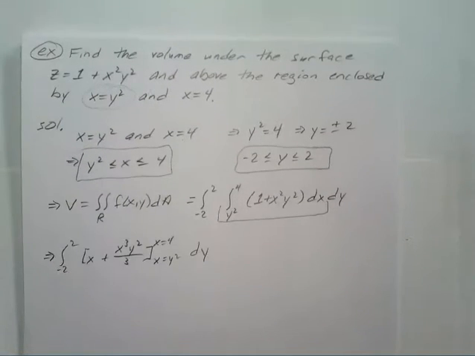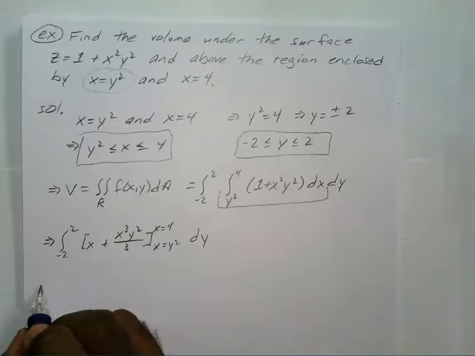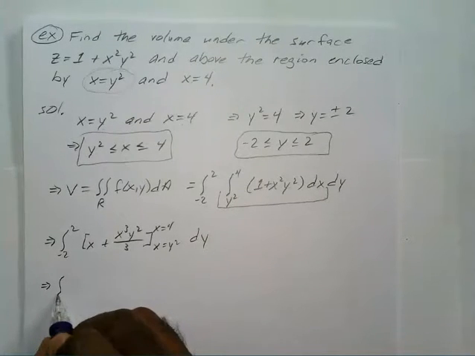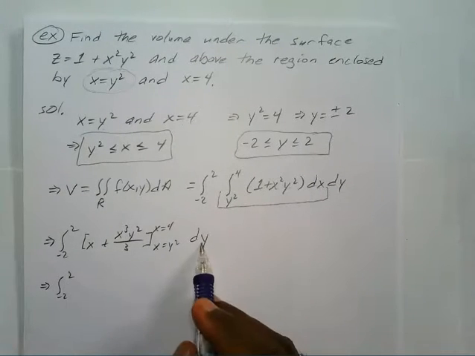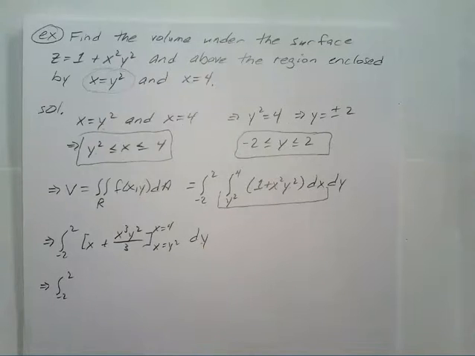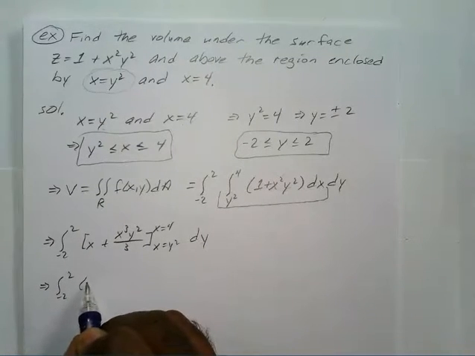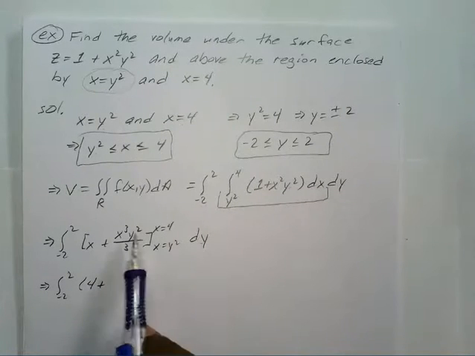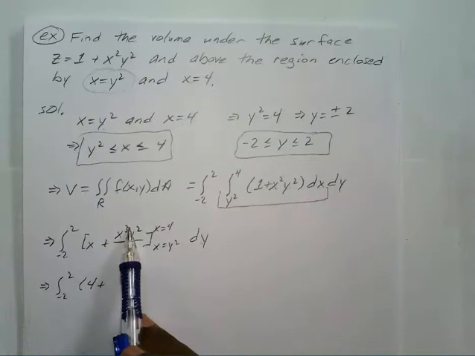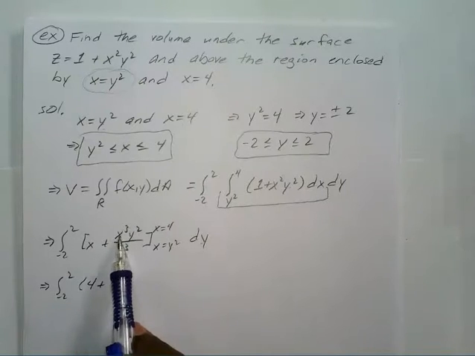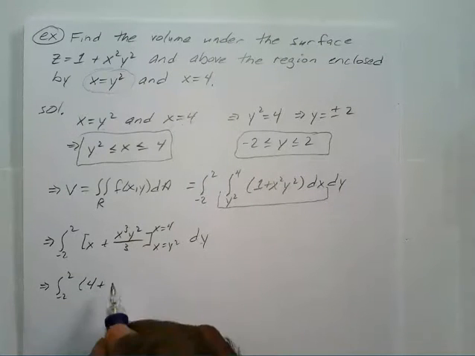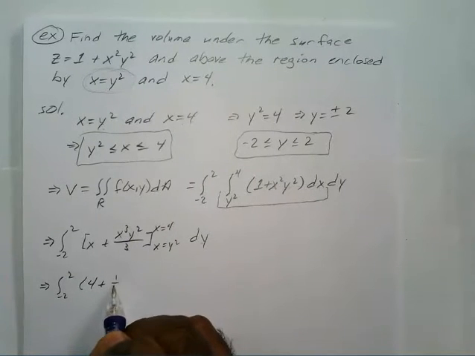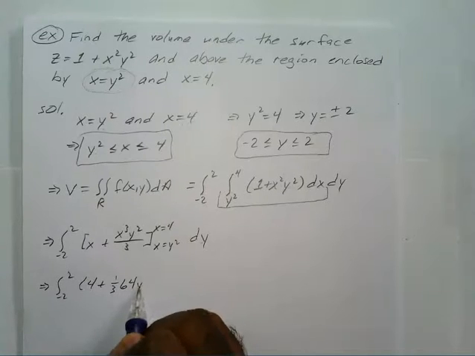If we plug those in, remember our integral from -2 to 2, and our dy follows when we're done. If we plug in x equals 4, we have 4 plus 4 to the third power, which is 64, so 64y squared over 3, or 1/3 64y squared.